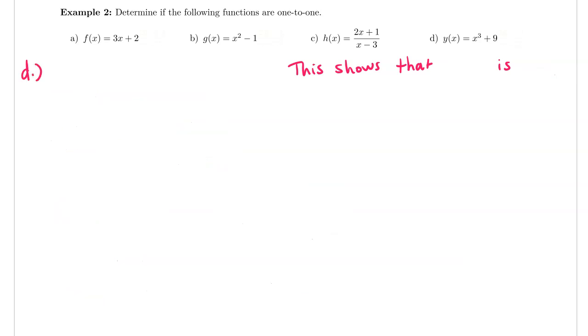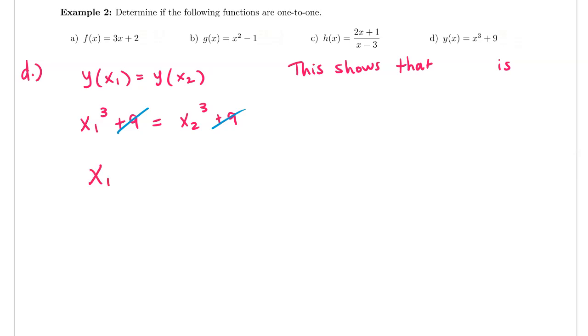All right, so for part D, we have y of x is equal to x cubed plus 9. I'm going to set y of x1 equal to y of x2, and that's going to give us x1 cubed plus 9 is equal to x2 cubed plus 9. If I were to subtract 9 on both sides, those would disappear, and we'd get x1 cubed is equal to x2 cubed.